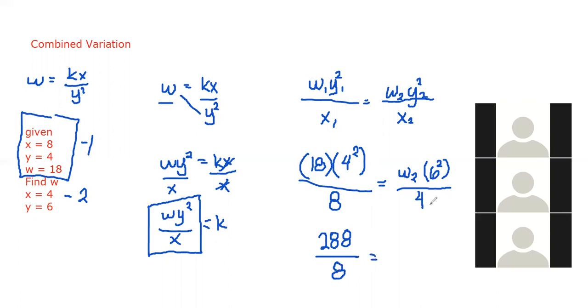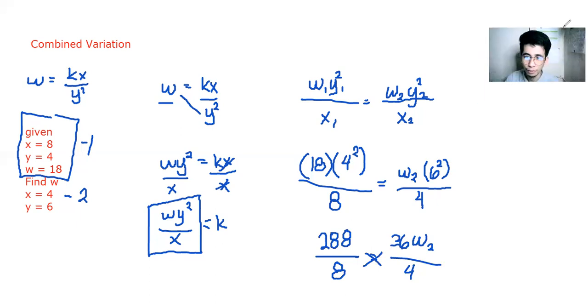is equals to, ito naman, 6 squared. What is 6 squared? 36 lang, diba? 36. Then, W sub 2 over 4. Yan. Then, cross multiplication. So, 288 times 4.